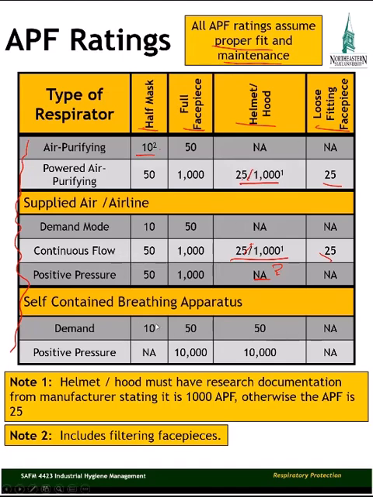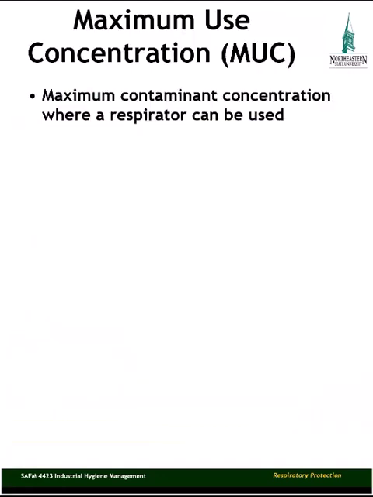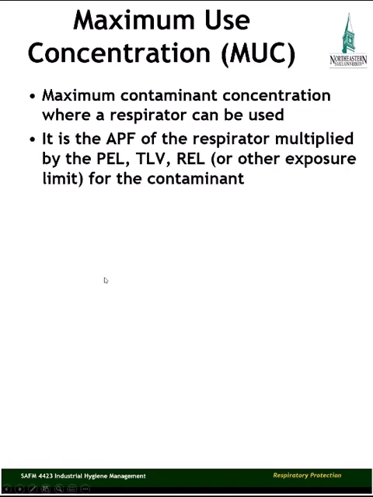All right, let's talk about another concept that we need to be familiar with when we're choosing respirators: the maximum use concentration, or the MUC. What we're talking about with the MUC is the maximum contaminant concentration where a respirator can be used. It's something that needs to be calculated.